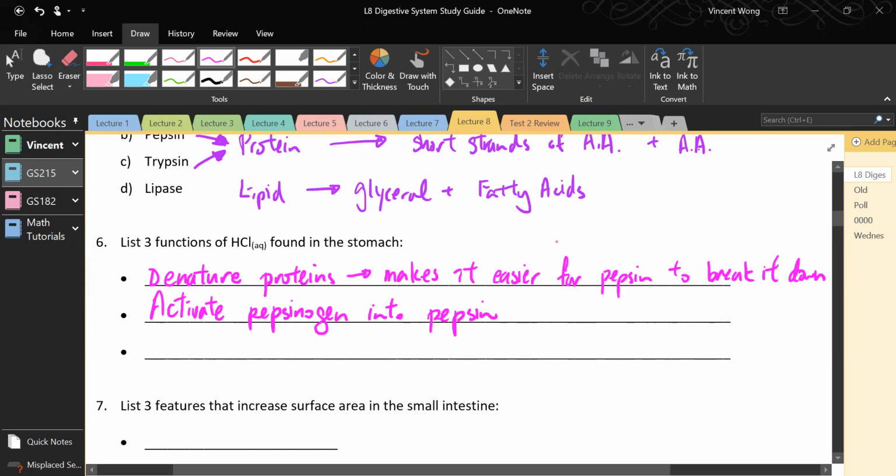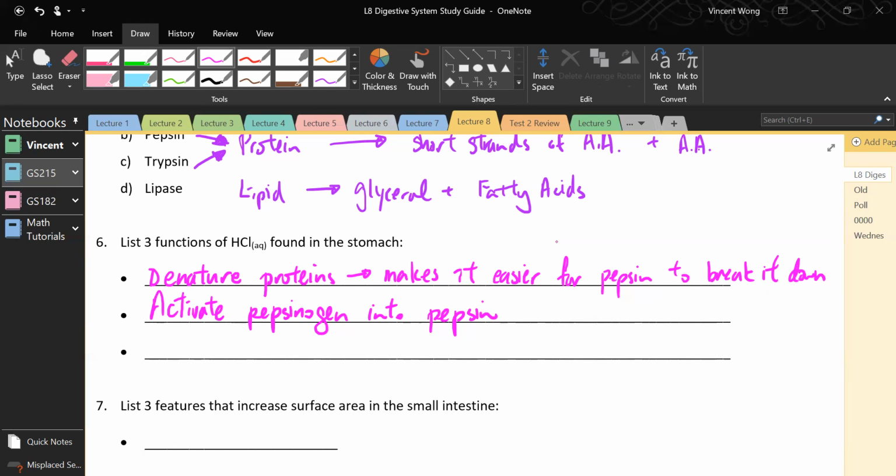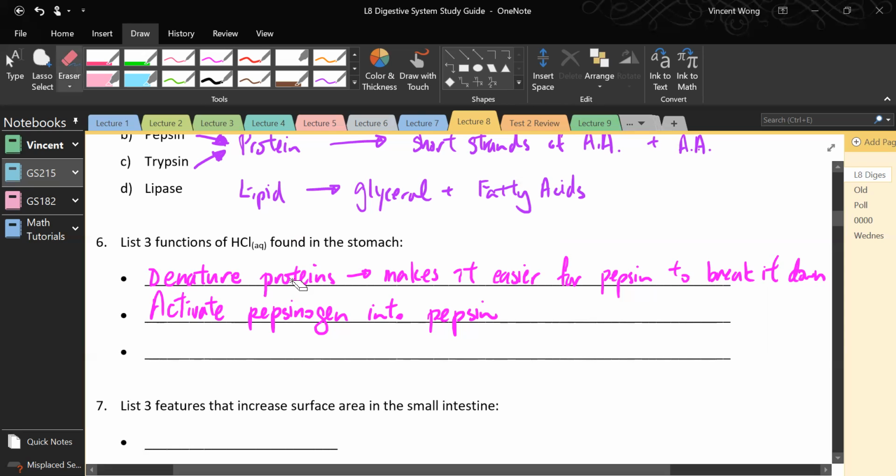Does anybody have another function for hydrochloric acid? Okay, this one is perhaps a little bit obvious and you might not have thought of it, but it's something we learned before. It is there for immune defense.